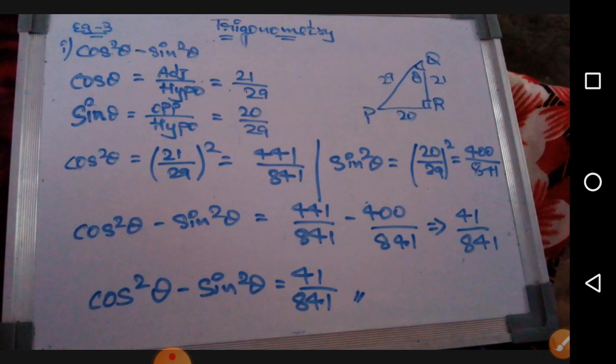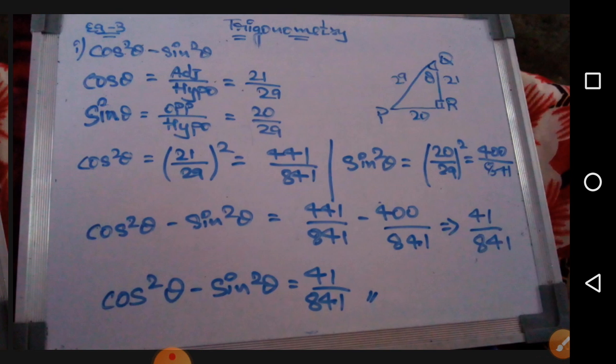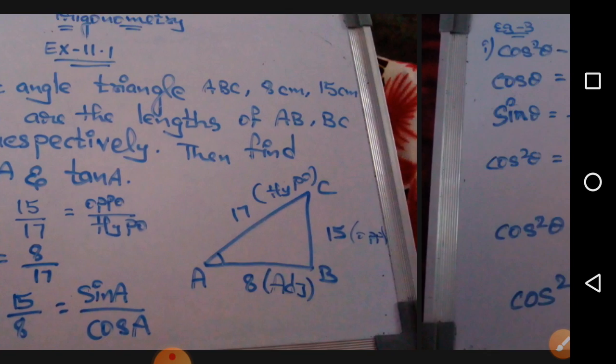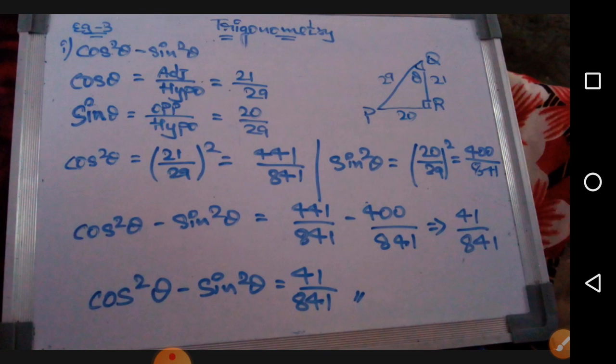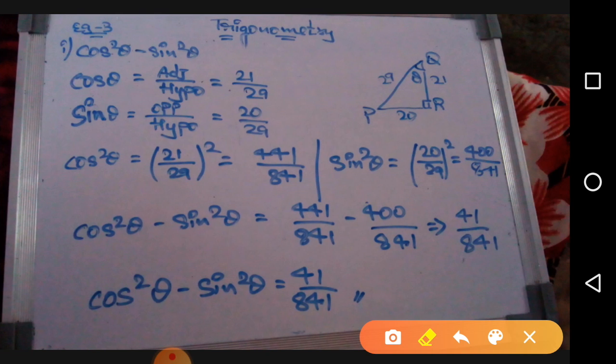As we have already got the values of these parameters, that is cos theta is 21 by 29, and sin theta is nothing but 20 by 29. Thus simply substitute, and you'll get 441 by 841, and sin square theta as 400 by 841. Thus cos square theta minus sin square theta is nothing but 441 minus 400, that is 41.